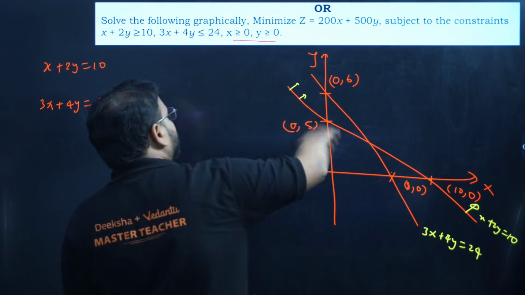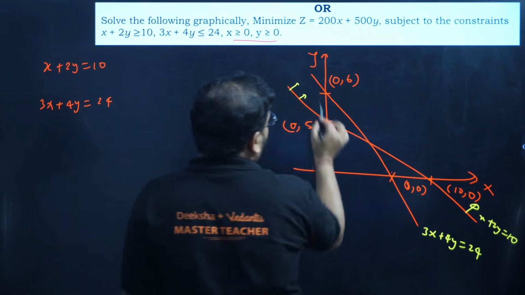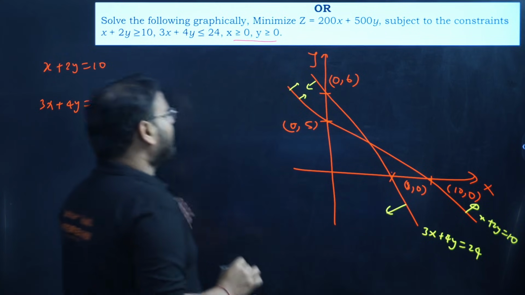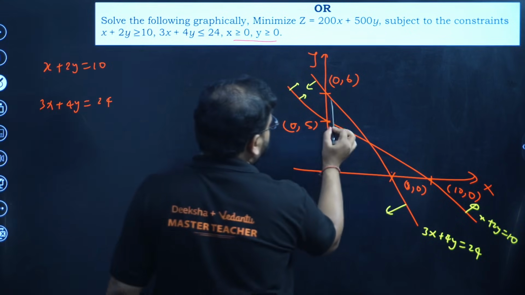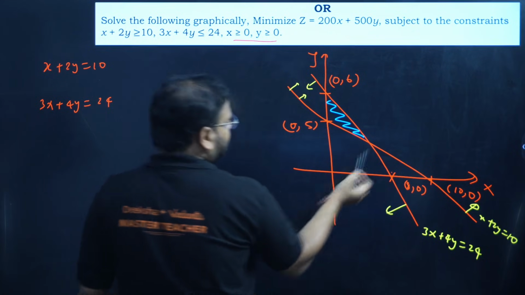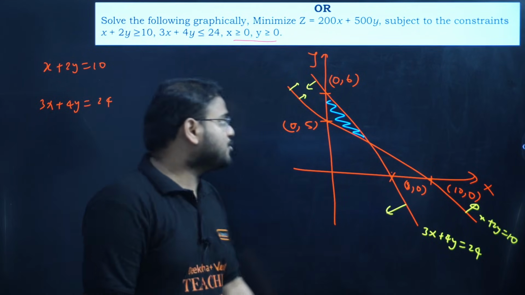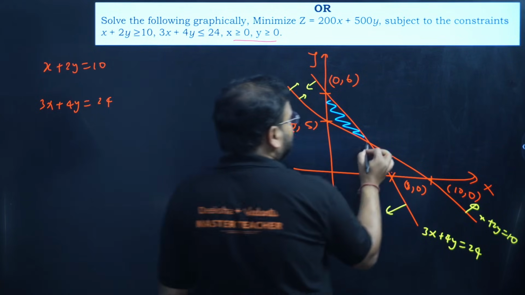And lower than this line, 24, so below this line. So my required region, the feasible region, is this right here: below the 3x plus 4y line and above the x plus 2y line. That's my feasible region.